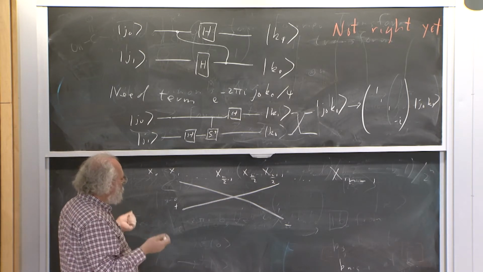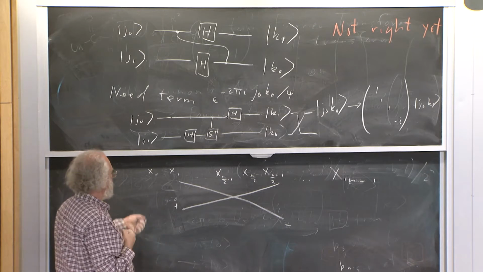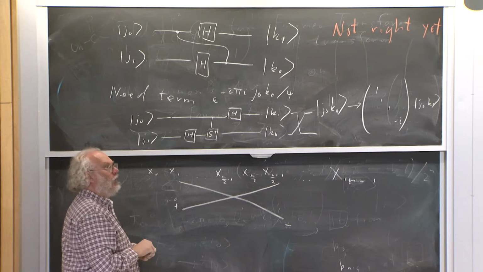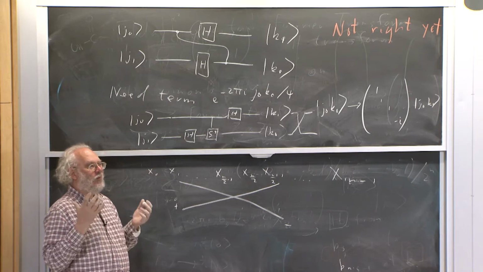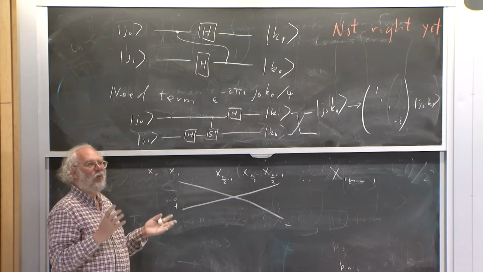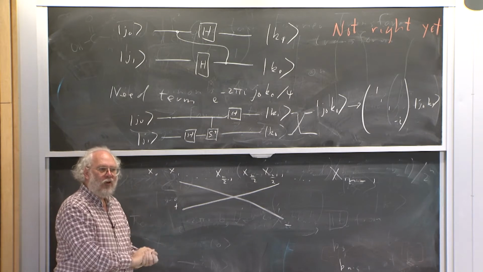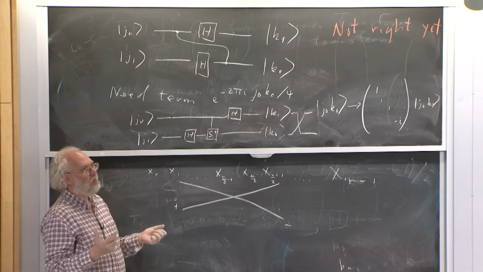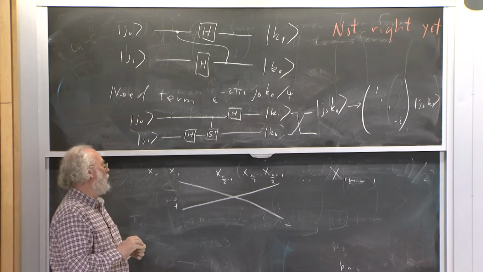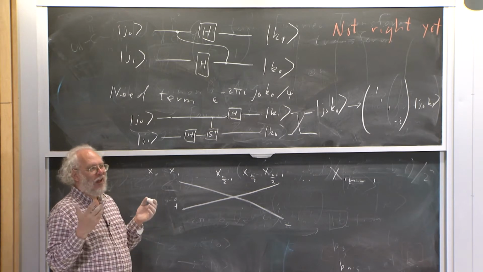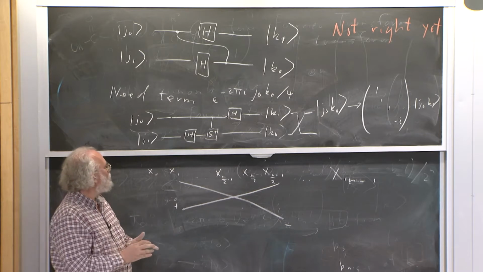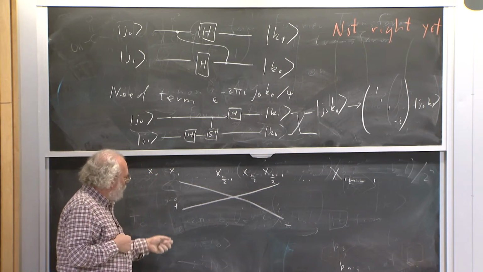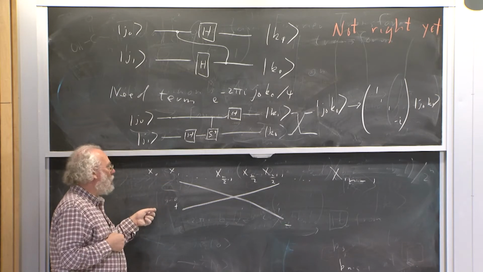And you need to add a factor of 1 over root 2 because, basically, in the discrete Fourier transform, you have a 1 over n on the inverse Fourier transform and a 1 on the forward Fourier transform. But you need to balance those out so that everything's unitary, and that means at each level of each Fourier transform you need to divide by root 2.